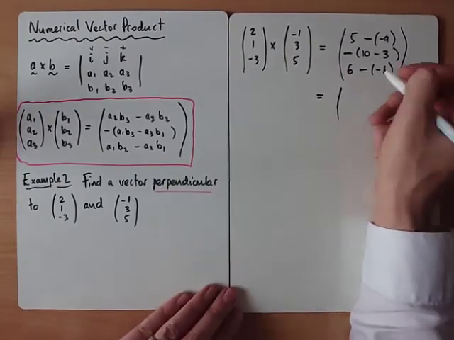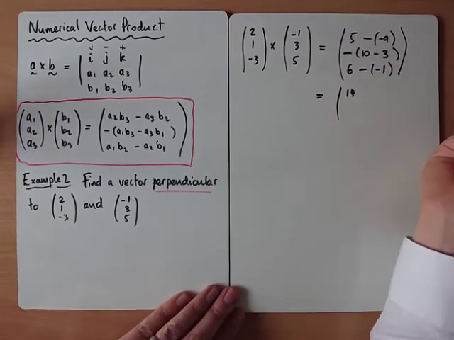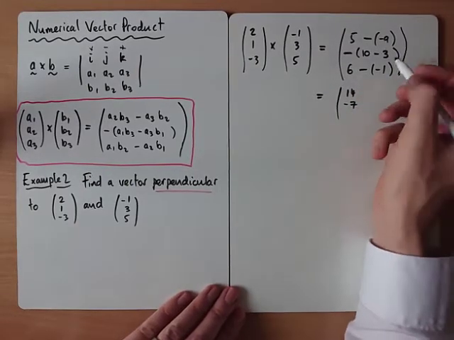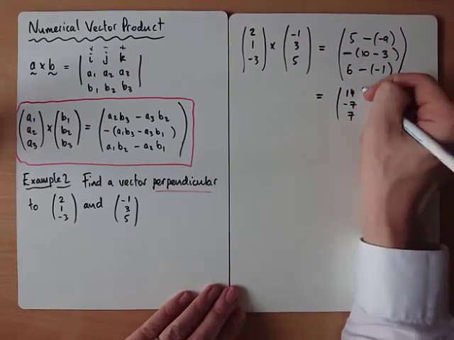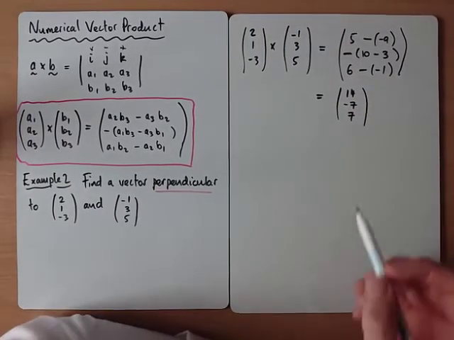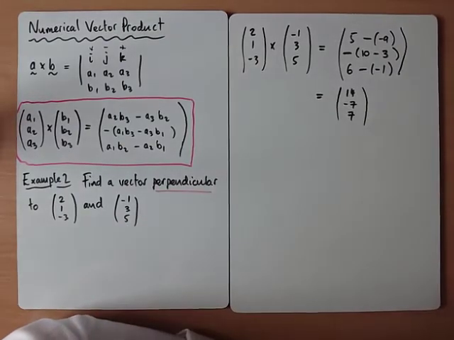So we would end up with 14, -7 and 7. Okay, so that vector there would be perpendicular to both of these.